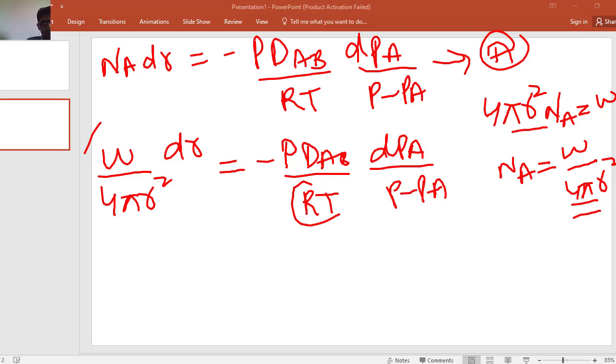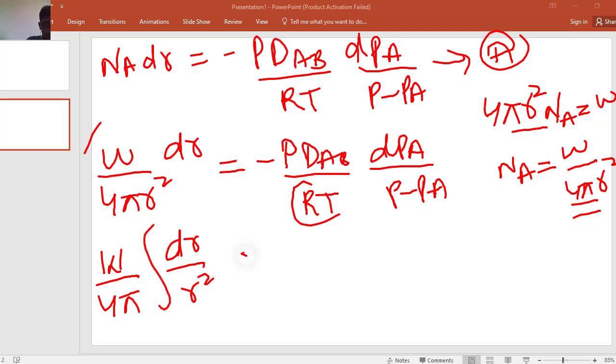So in the r direction the pressure of A will change. We will use the integral sign: W divided by 4 pi, integral of dr by r square, equals the integral of minus P DAB by RT.